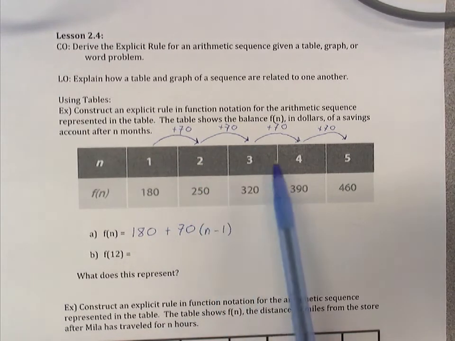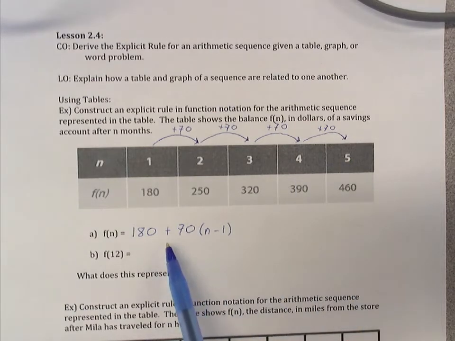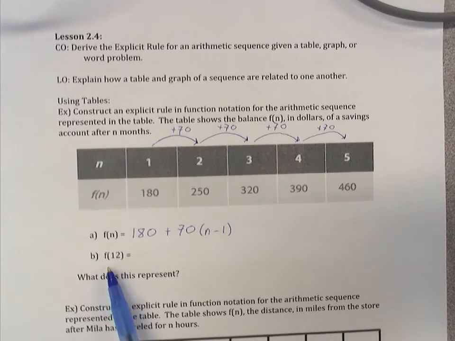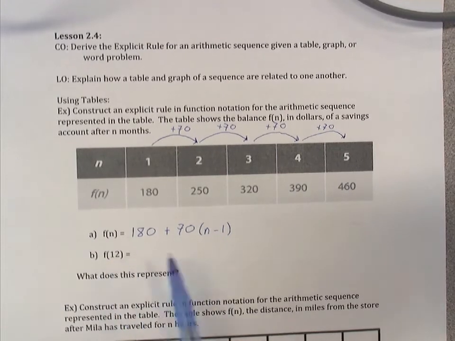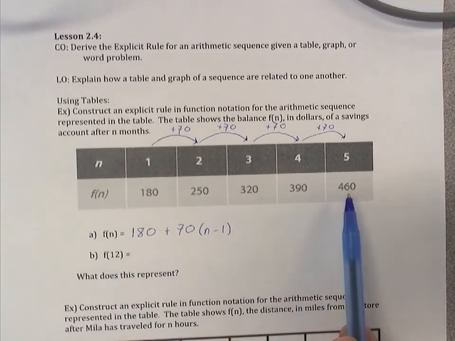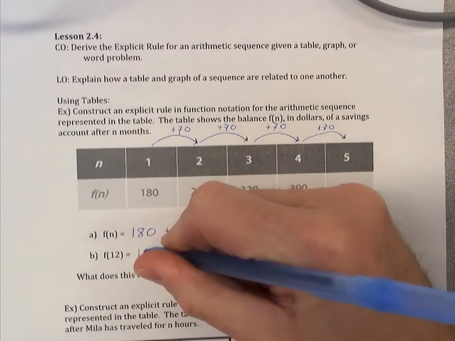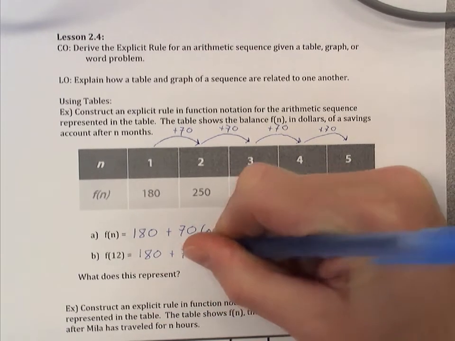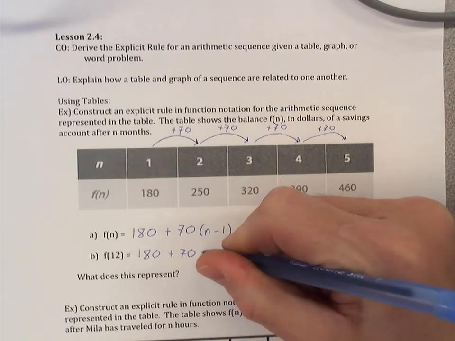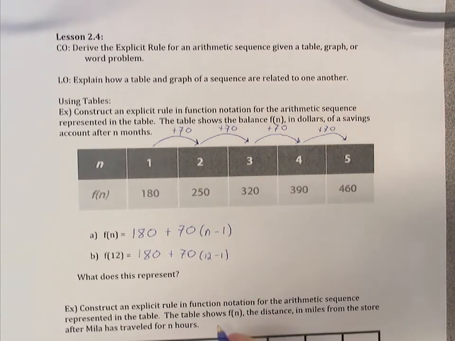And so it doesn't matter what month I put in, it's always going to give me the amount of money that would be in that account after that month. So let's apply that to what if n was 12? So what if we wanted to go to the 12th month, which is not represented on this table? So we could do that by writing our function equation again, 180 plus 70 times 12 minus 1.